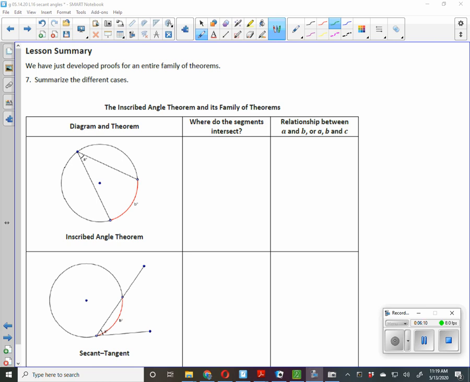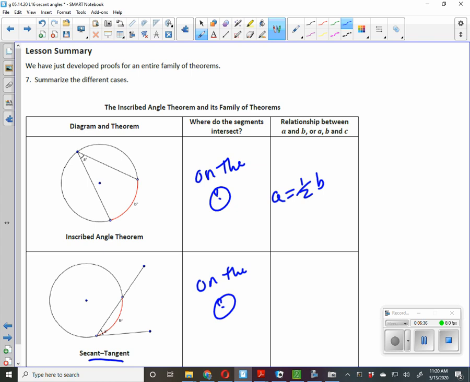Well, these things intersect on the circle, and we know that the angle A is equal to half the intercepted arc. Then we found out that this is slightly different. We got a tangent secant or secant tangent. This is also on the circle, and again, we found out that the angle A is equal to half the intercepted arc. Those should seem familiar to you.